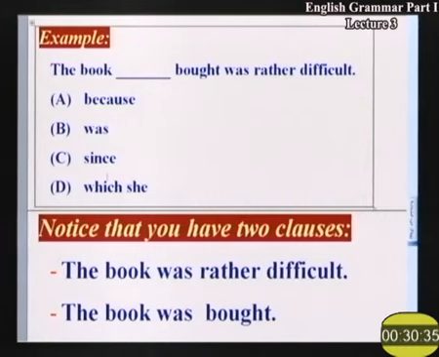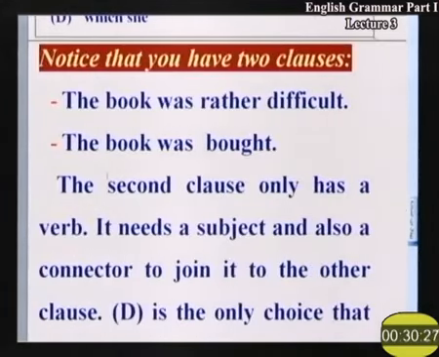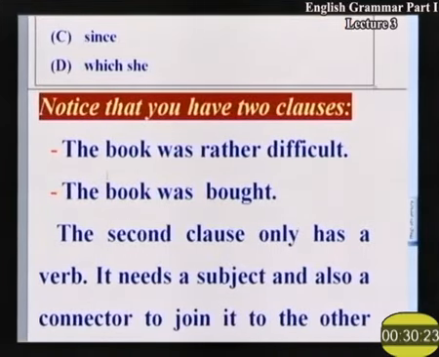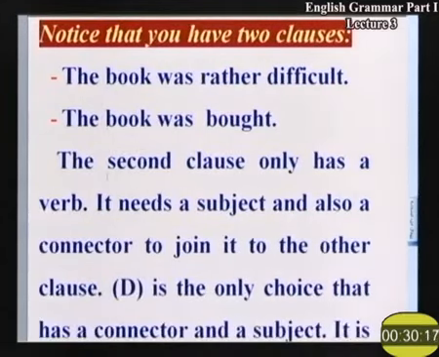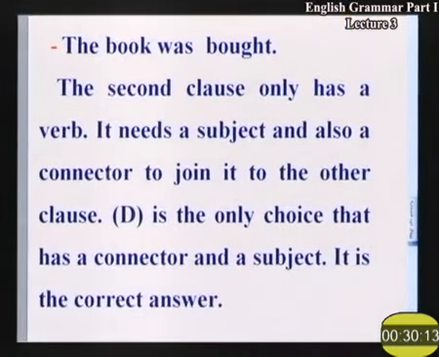Notice that you have two clauses. The book was rather difficult دي الأولانية. The book was bought. طيب the second clause only has a verb اللي هو bought. It needs a subject and also a connector to join it to the other clause. D is the only choice that has a connector and a subject.